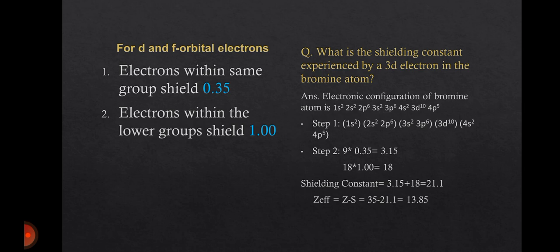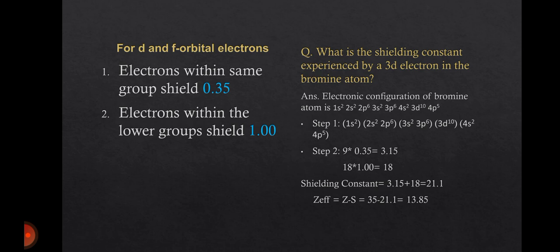Electrons within the lower groups shield 1.0 each. There are 18 electrons which shield 1.0 each, so 18 into 1 is equal to 18. So the shielding constant, when we add both terms, 3.15 plus 18, is equal to 21.15.